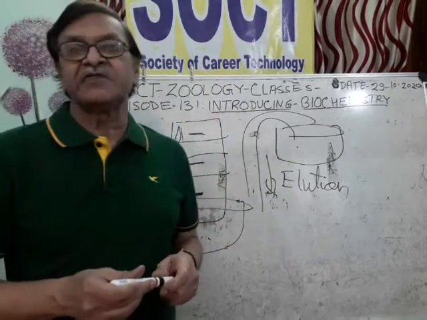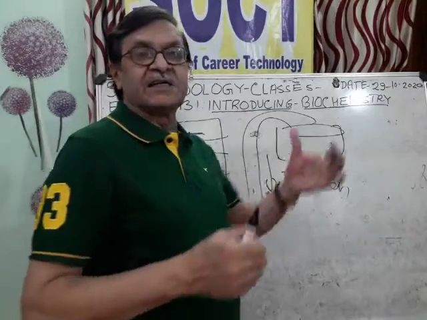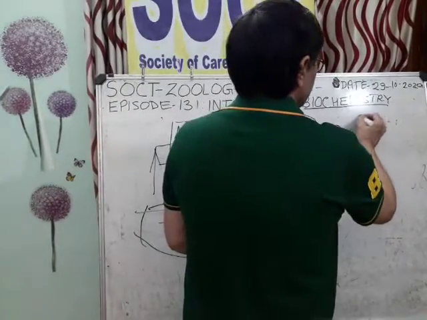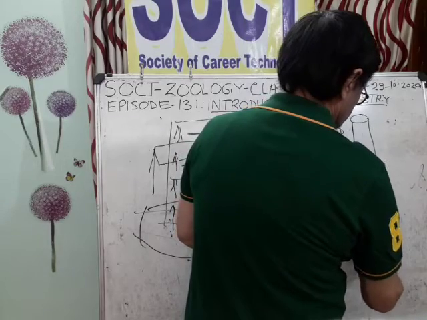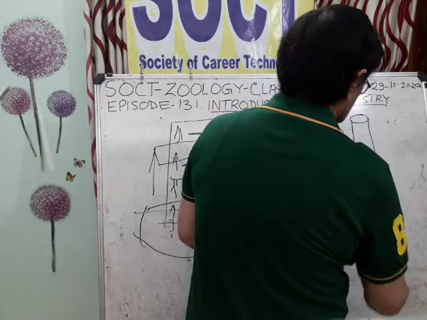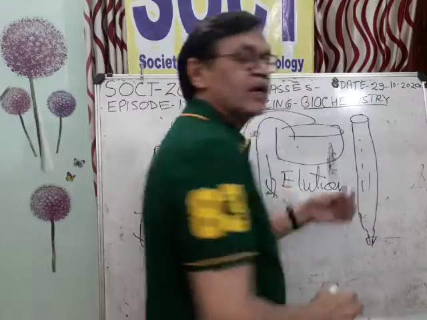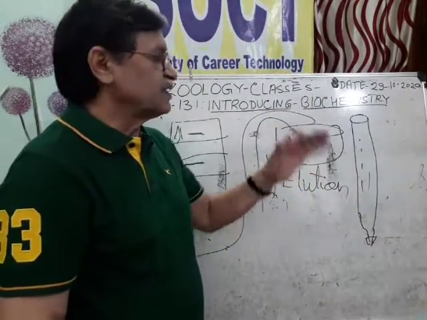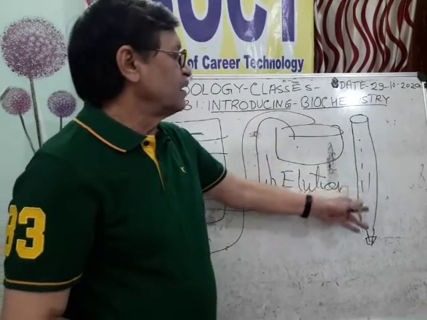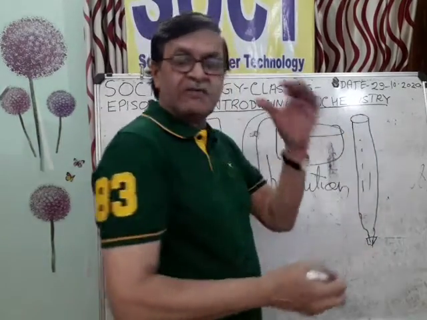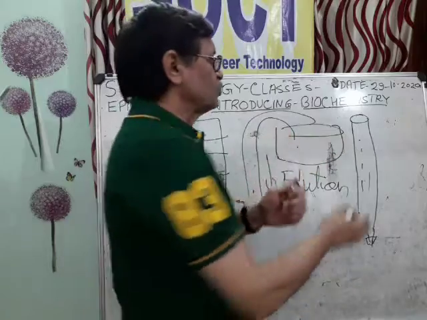Besides paper chromatography, like a burette, a column may also be used, in which some Sephadex gel or silica gel is used, and a solvent containing the different molecules is poured in.